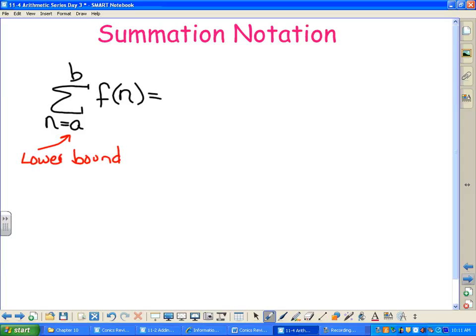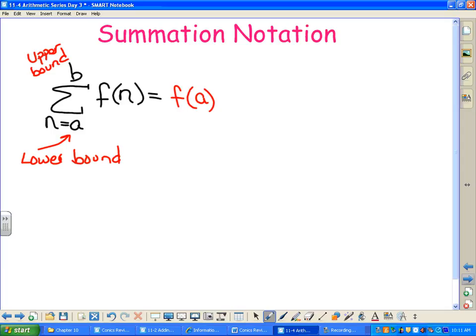It's the lower bound of your sum. This one up here, any ideas? The upper bound. It's the upper bound of your sum. And they should always be integer values. Okay? And the way that this works is you start out by taking whatever integer this one is right here, and you plug it into your function, and you figure out its answer. Okay, so you put in a, and you get f of a.